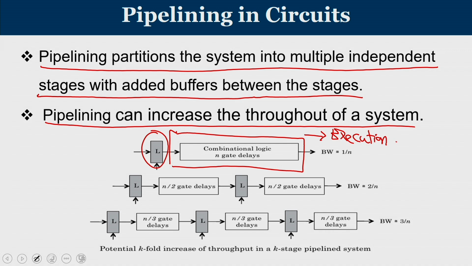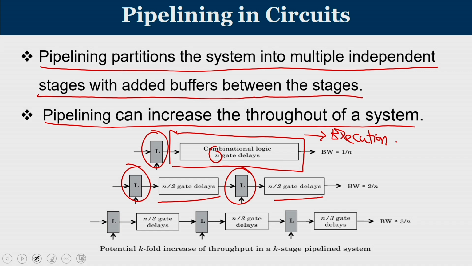Now, the second line tells that rather than considering the entire logic as a big logic with n gates, can I divide them into roughly 2 halves, each with n by 2 gates, and providing a buffer in between them. So, the same task now I am going to do as 2 subtasks.